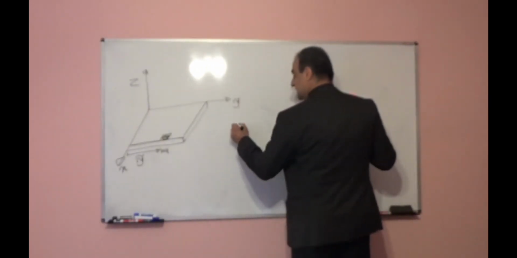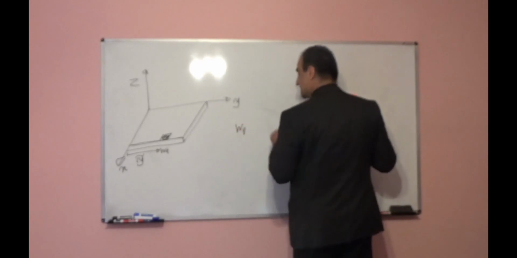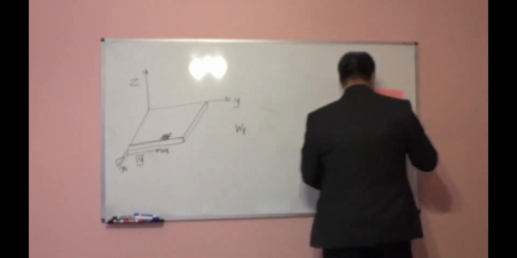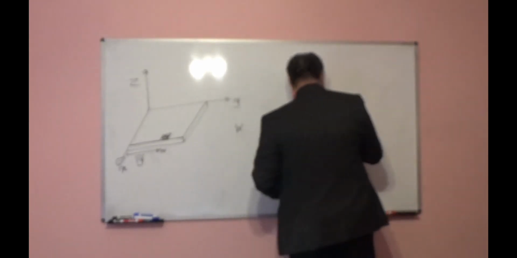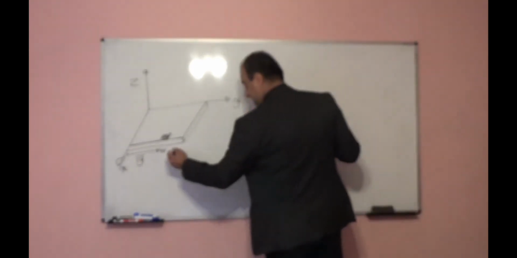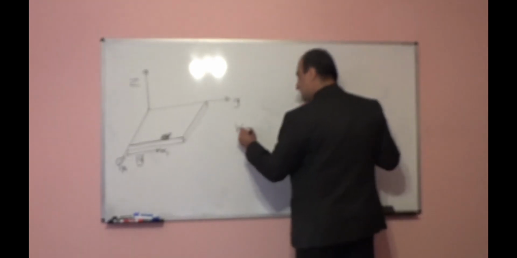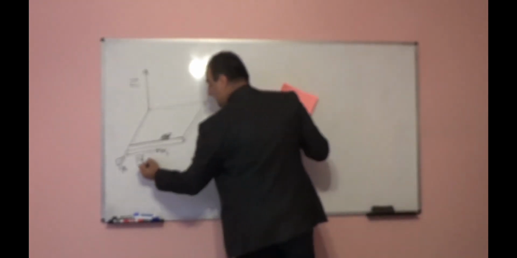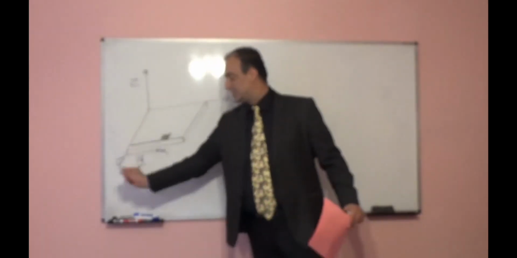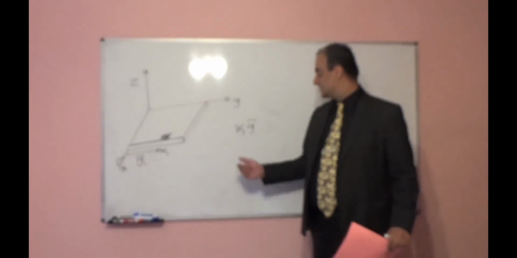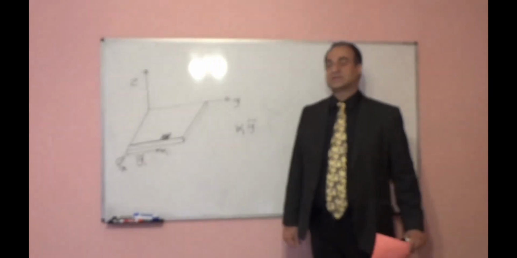It will be the weight for that small segment. If, for example, I show instead of Wi with W1, it will be W1 times y tilde 1. So the weight times distance with respect to x-axis will be the moment with respect to x-axis.